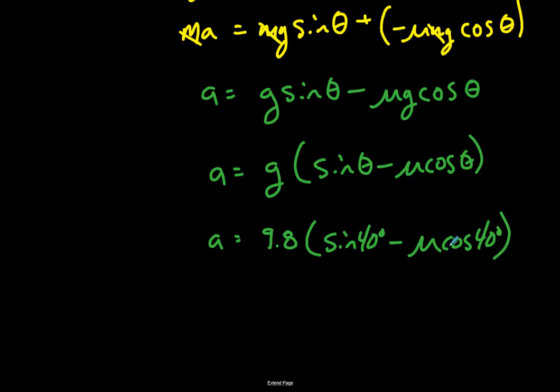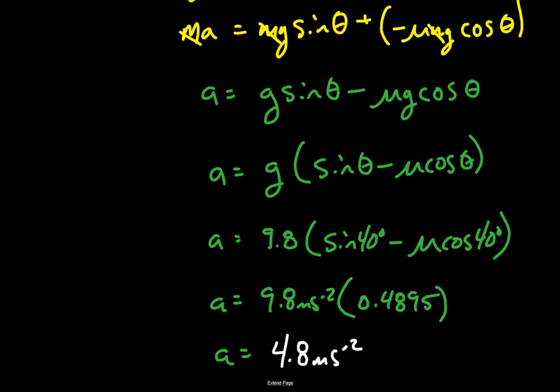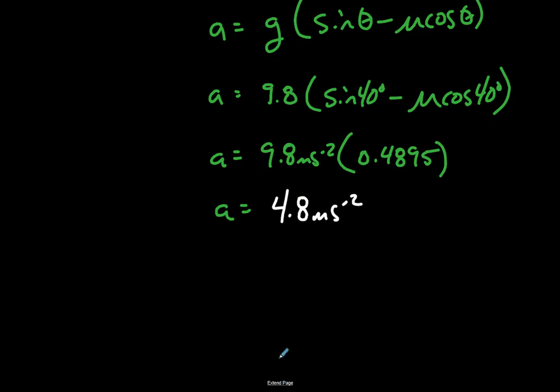And the mu value I think I gave you was 0.2. So this works out to be about 0.4895, and you get an acceleration of about 4.8, which is reasonable. That's a fairly low friction, and we got an acceleration value that's lower than when we did it with no friction. So the pieces fall into place there.